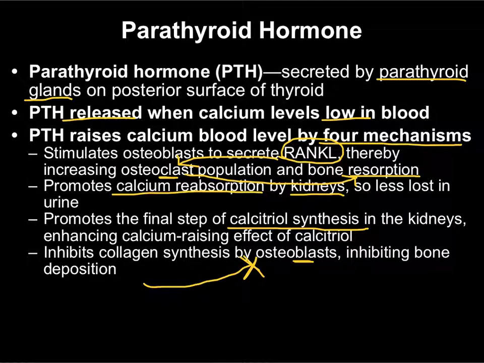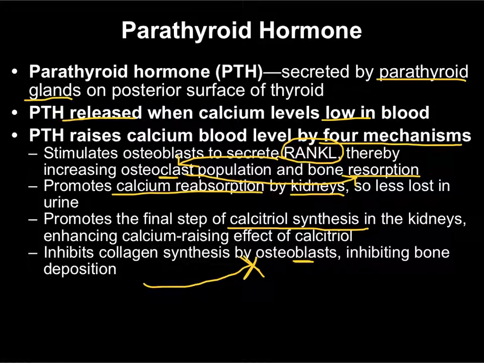It would not make much sense to promote osteoclast dissolving bone to increase calcium levels in the blood if you also had osteoblasts that were making more bone. There's no point in dissolving bone and making bone at the same time.